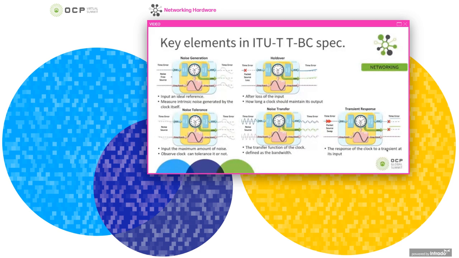So the first one is to protect the overall backbone system. And the second one is noise tolerance, because in a real situation, the system will have a noise source. So the second one is to protect our DUT.